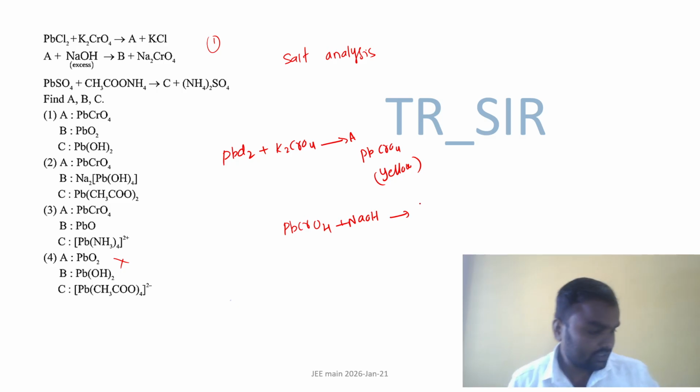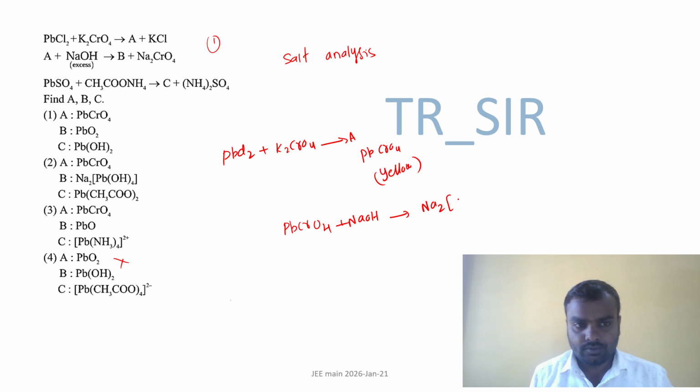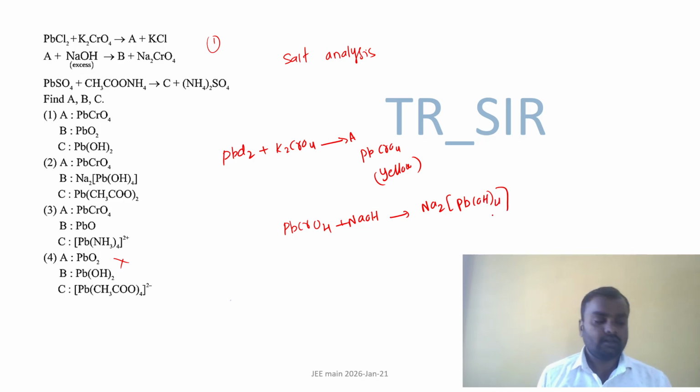For example, you can take Na2[Pb(OH)4], this complex will be forming, right? So now it should be the B. Option A is failed, so option third is failed.